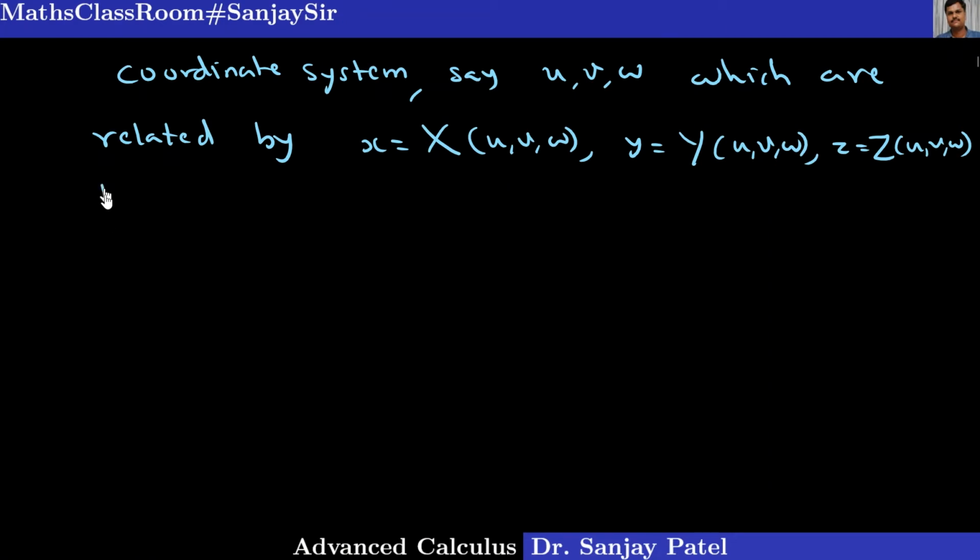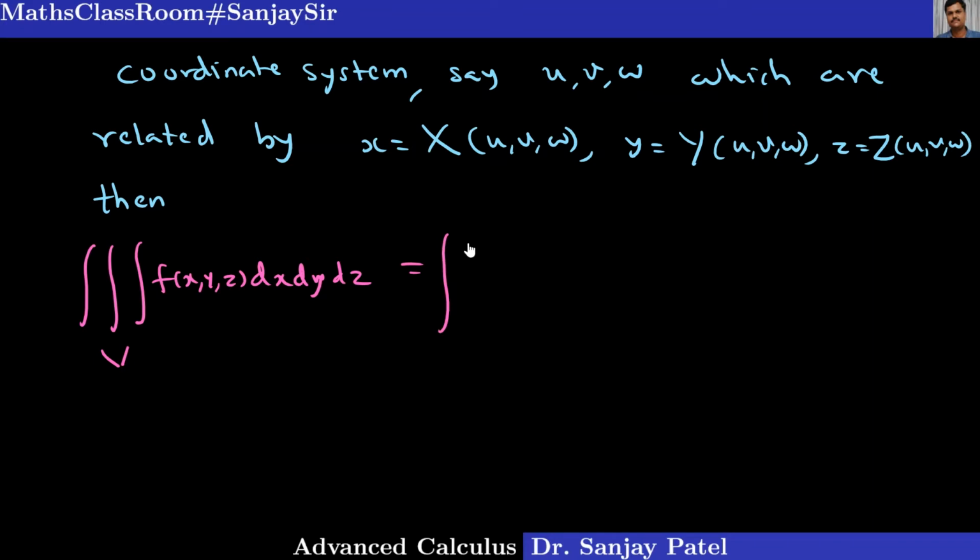Then the formula for this transformation is given by the triple integral over V of f of x comma y comma z dx dy dz is equal to the triple integral of this, where you have to replace x, y, z by these relations in terms of u v w.